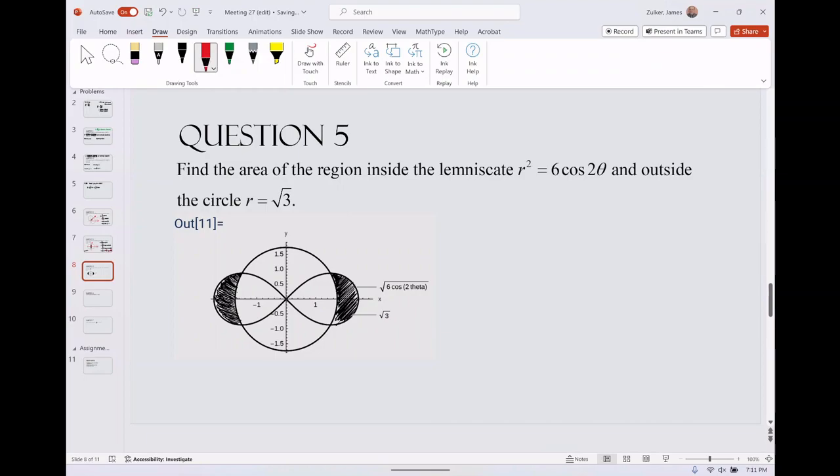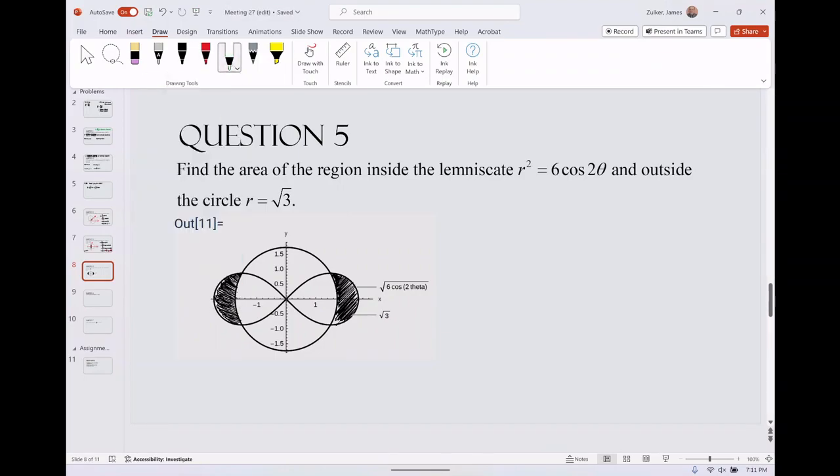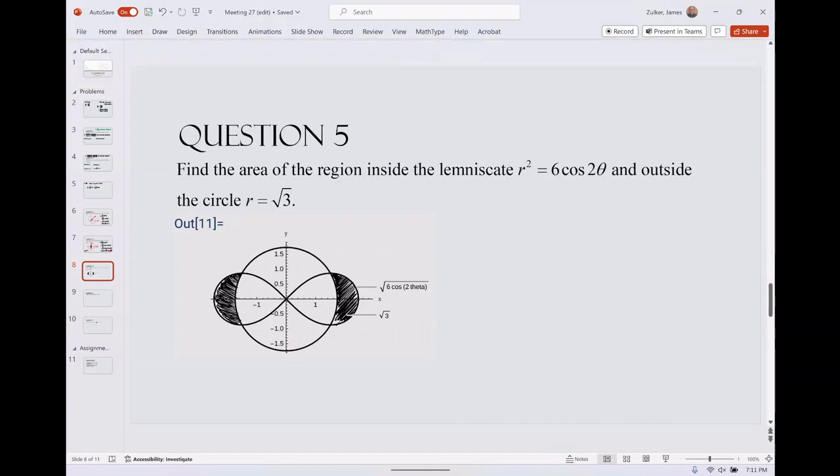Now what I am going to do is just extend that line in white, just so we can see that it continues out to that curve to be root 3.